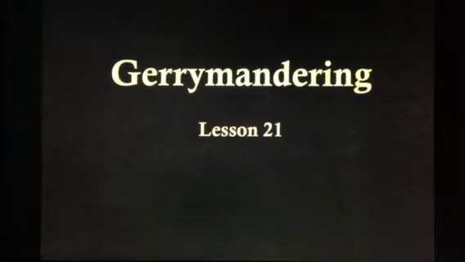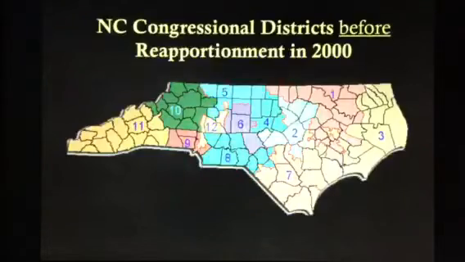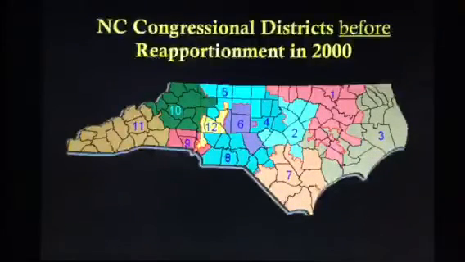Lesson 21, Gerrymandering. This is a very important concept to understand the way our current House of Representatives operates. We're picking up with reapportionment in North Carolina before the 2000 census.